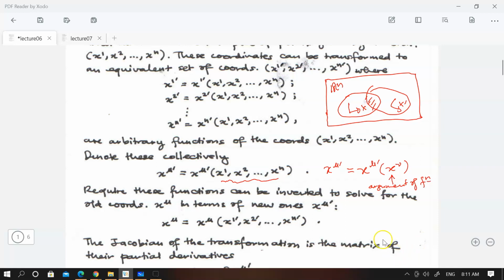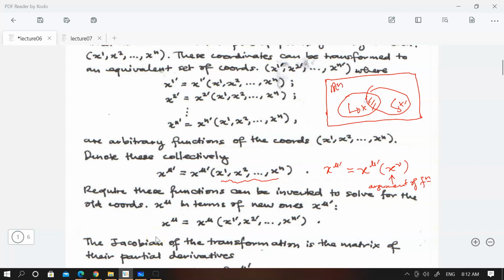So again, usually if the space is well behaved, and the transformation is also well behaved, then you should be able to rewrite this transformation with its inverse, going from x1' until xn', the dashed coordinates, to the undashed coordinates.